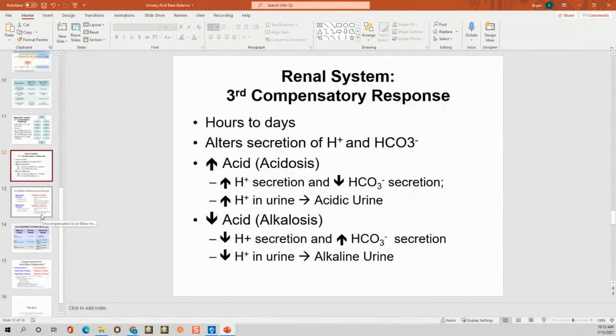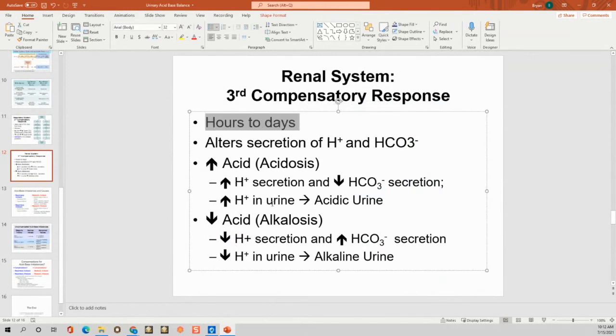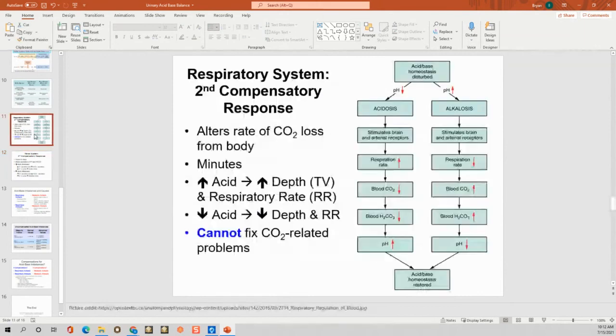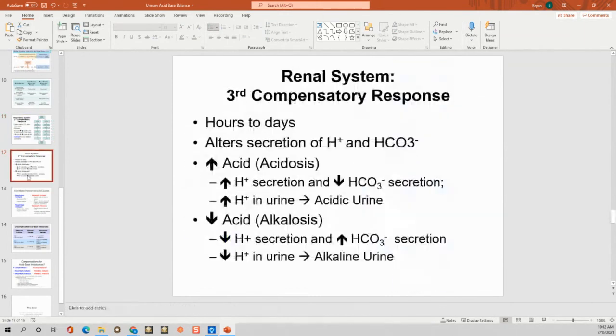The renal system is going to try to compensate after everything's already happened, or potentially for long terms if you are in chronic acidosis or chronic alkalosis. But say, for instance, you exercise, the buffers and the respiratory system have fixed the problem, but you still have too many acids in your bloodstream. So now the renal system is going to try to get rid of those acids.